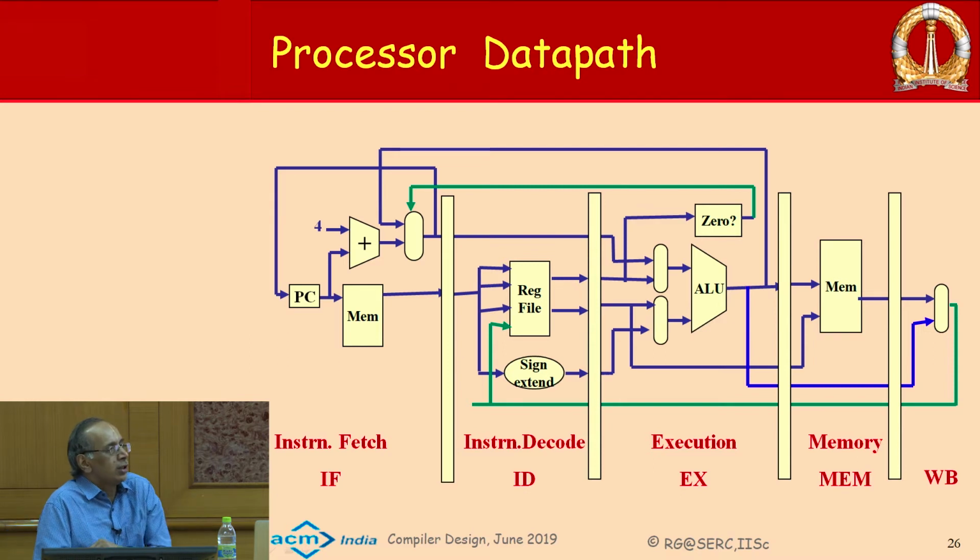Okay. So roughly this is what happens during instruction execution, or this is how instruction execution takes place in this processor. Each stage of the processor is pipelined. That means that when the ith instruction is in this stage, the i plus 1th instruction will be in this stage, the i plus 2nd instruction will be in this stage, the i minus 1th instruction will be in this stage, and the i minus 2nd instruction will be in that stage, and so on. Okay, that is really what happens. There are a lot of complications.